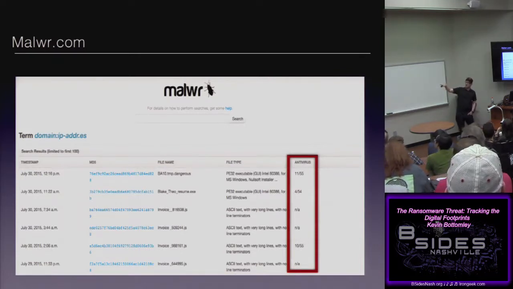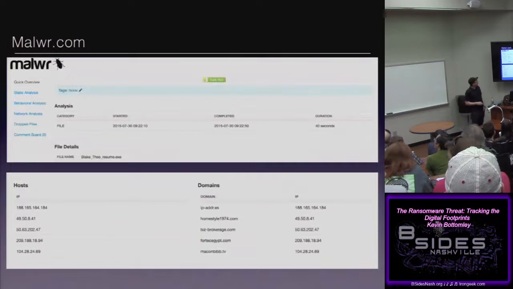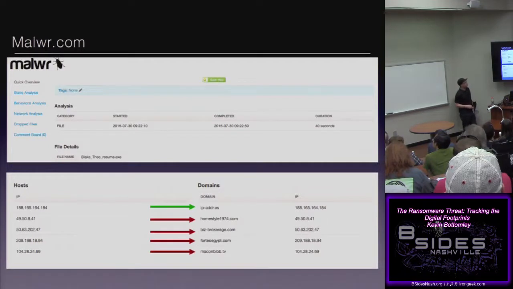But even some of the antivirus engines weren't detecting these attachments as malicious. If we take a look at this one, we'll see there's our IP address, and it's pretty clear that it's making these calls, much like the slide that I had earlier, to all the domains where the malicious binaries are stored.